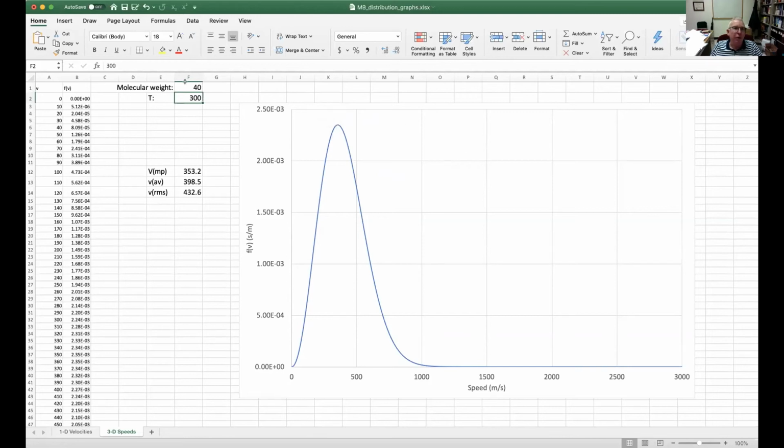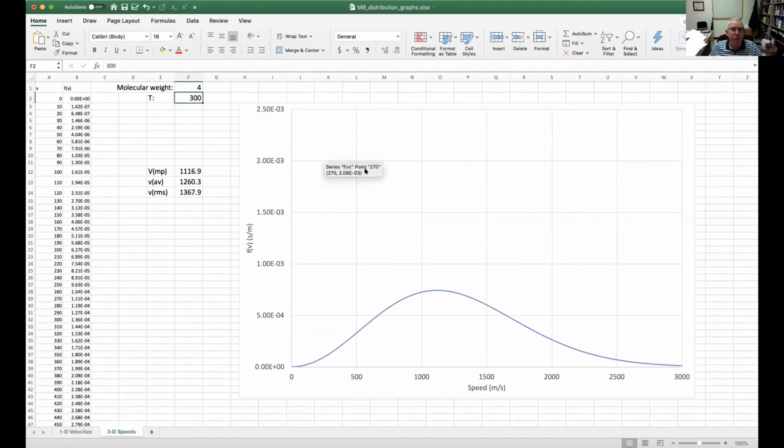Colder makes them slower. Suppose I make this really light. Let's make it helium. If I do helium, I get something very different looking. My most probable speed is up to about 1,100 meters per second right now. That's something like 2/3 of a mile per second. That's a pretty good pace.